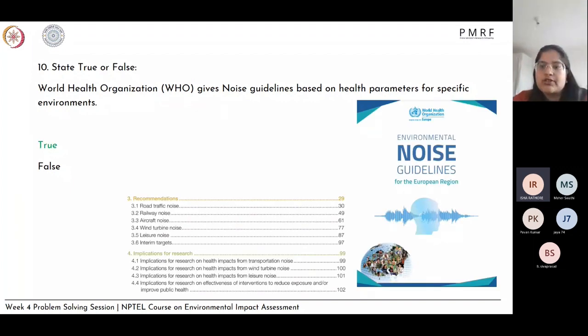So the WHO gives environmental noise guidelines for the European region, and it has a recommendation based on the type of the noise source, and then it also has the implications of these noise sources on health impacts, and then it provides guidelines based on these health parameters for these specific environments. So the statement was true.